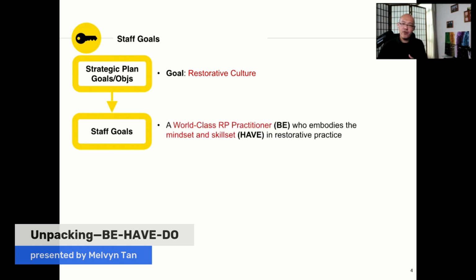Some of the details are dropped, but essentially they want their teachers to be world-class RP practitioners. And what must a world-class RP practitioner have? They must have the mindset and the skill set in restorative practice. That gives you an idea of who we want them to be and what they must have.